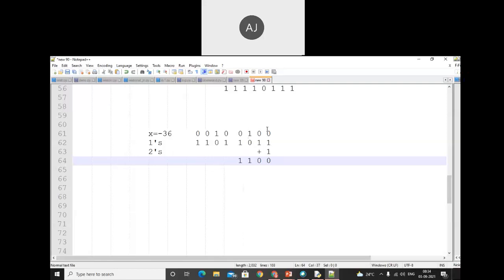Plus 1 we get, 1 plus 1 we get 0. Carry will be generated. 1 plus 1 we get 0. Carry will be generated. 0 plus 1 we get 1 back. So here we get the 1. Just 1 minute, okay. So we'll do it in a straight way. Don't be confused.